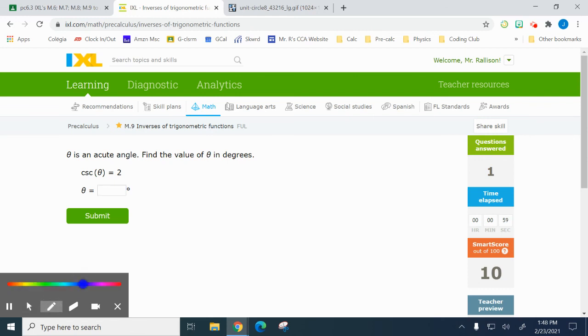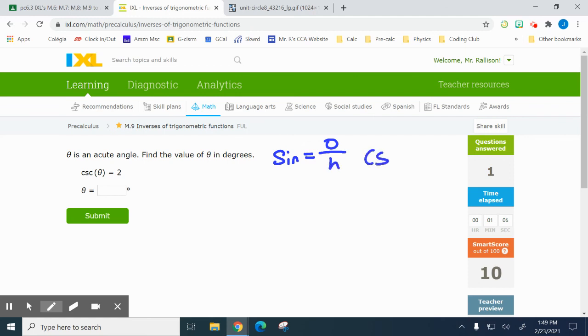Sine equals the opposite over the hypotenuse, and cosecant equals the hypotenuse over the opposite, right? The hypotenuse is always 1, so what's the opposite going to have to be to make it equal to 2?